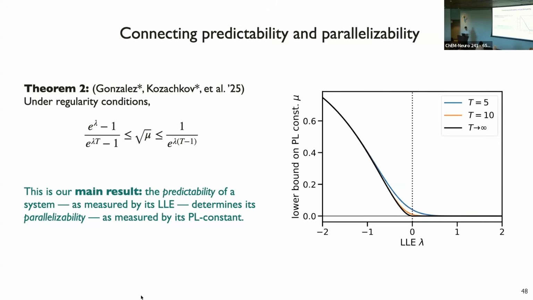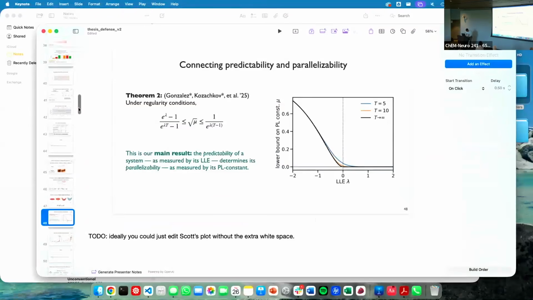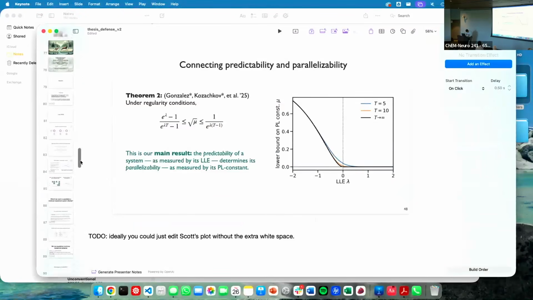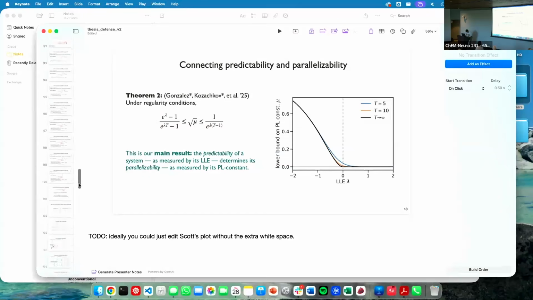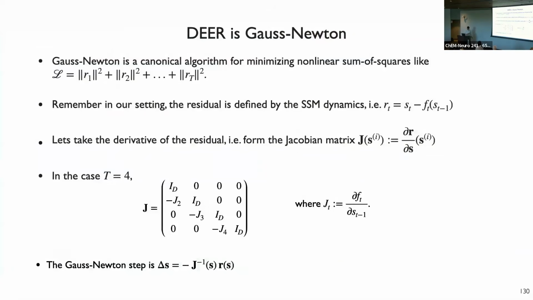It turns out that that big Jacobian matrix has a lot of structure to it. It has this block bidiagonal structure that lets us basically prove results.